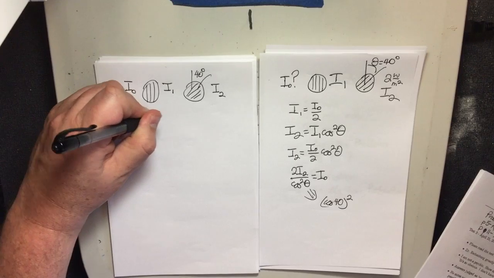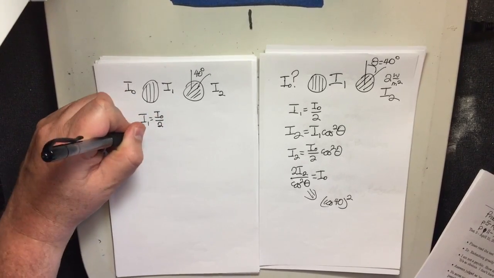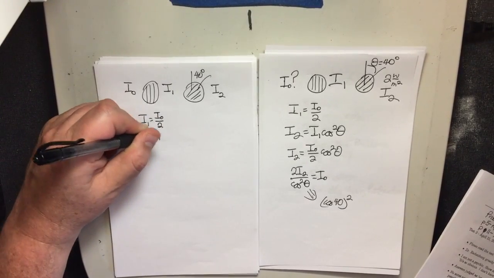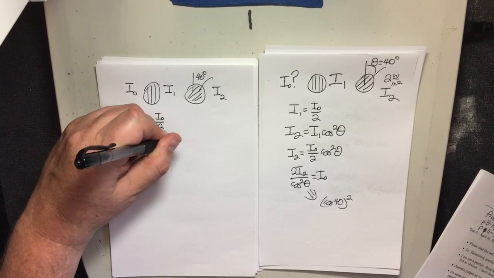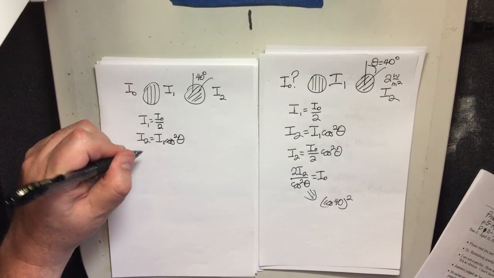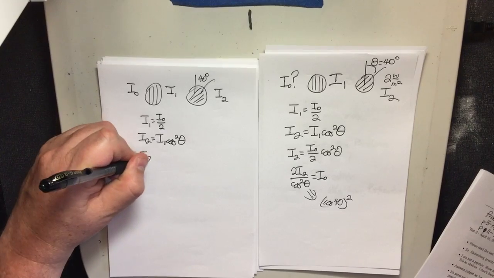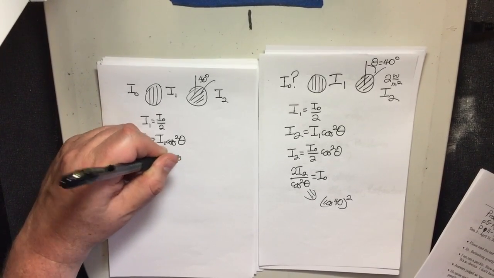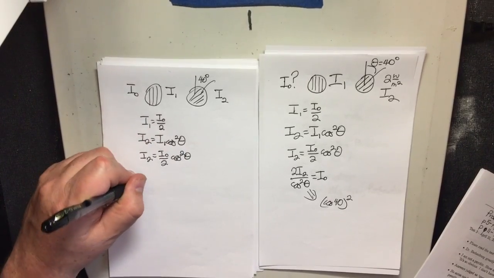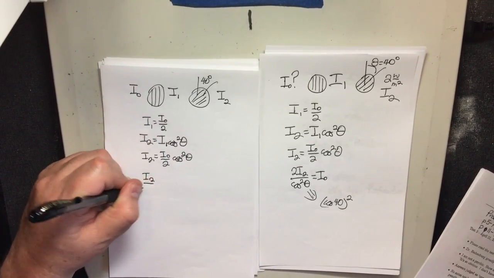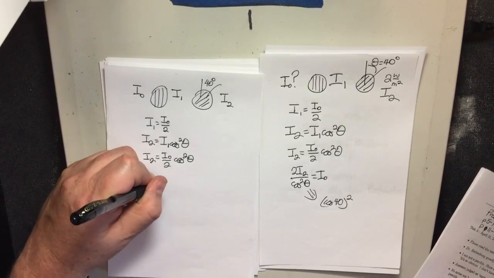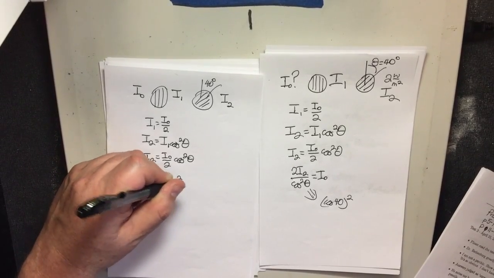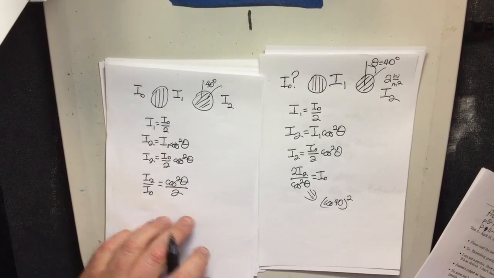I1 is I0 over 2. I2 is I1 cosine squared theta. So I2 is I0 over 2 cosine squared theta. So I2 over I0 is cosine squared theta over 2.